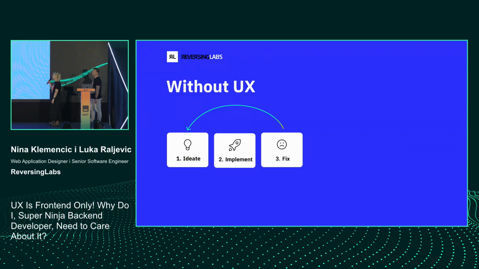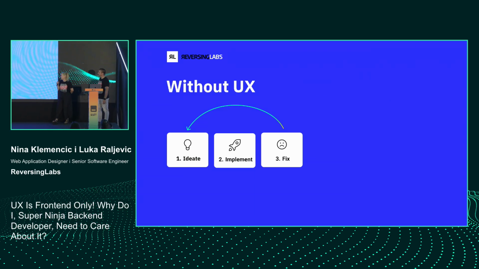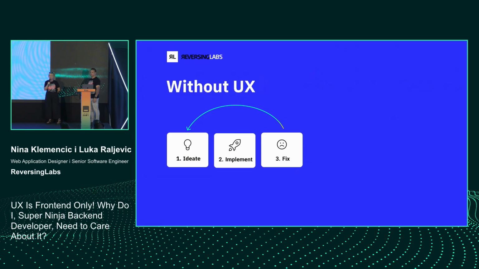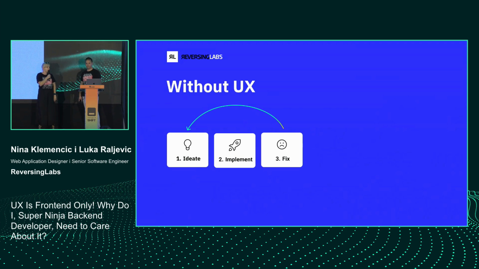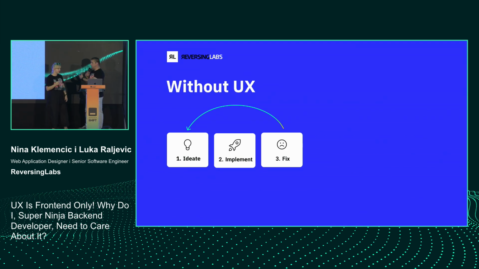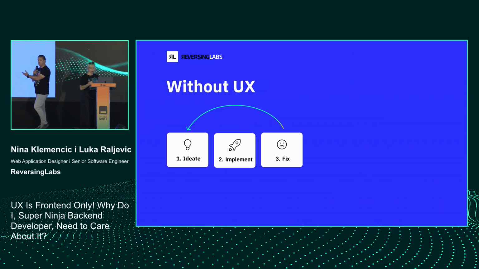And to avoid this shortcut cycle of ideate, implement, fix errors, cross-team collaboration is important, because when we communicate and work together, we keep our focus on the user and on solving the right problem.